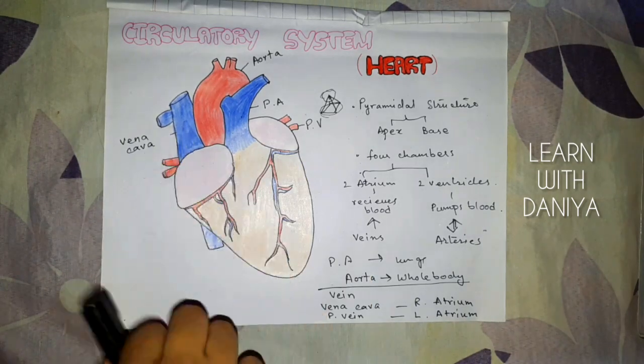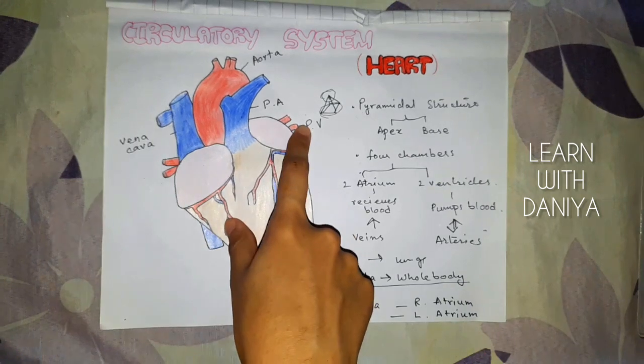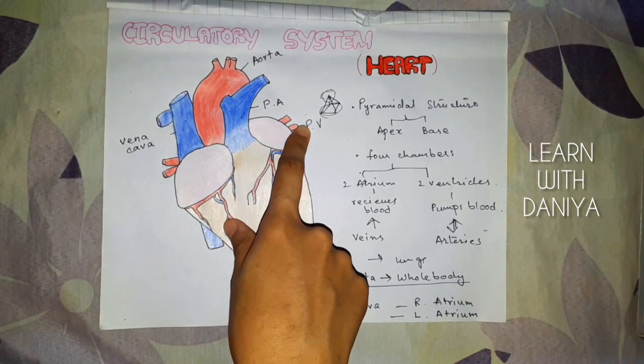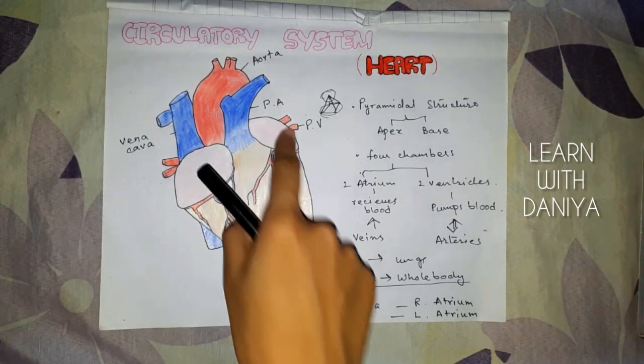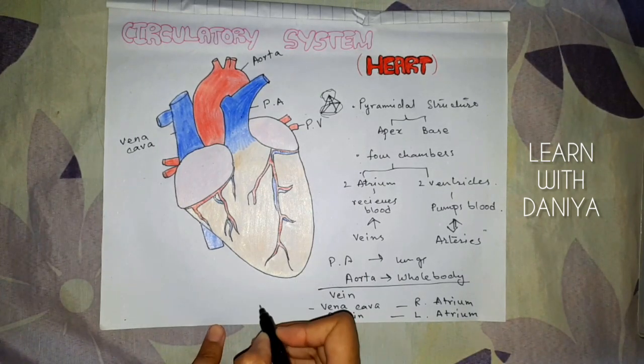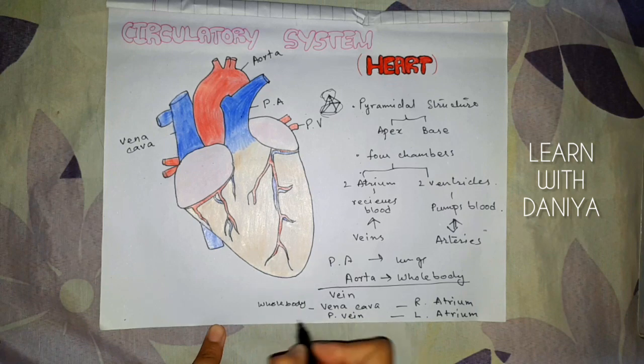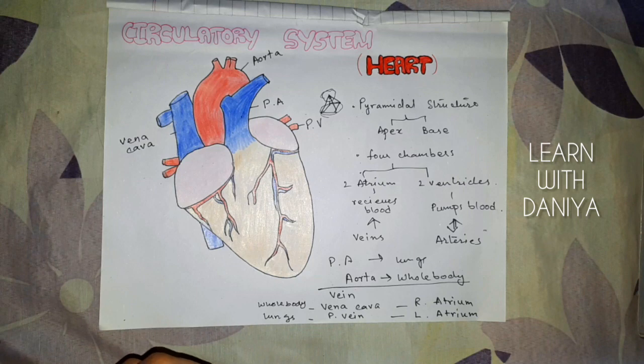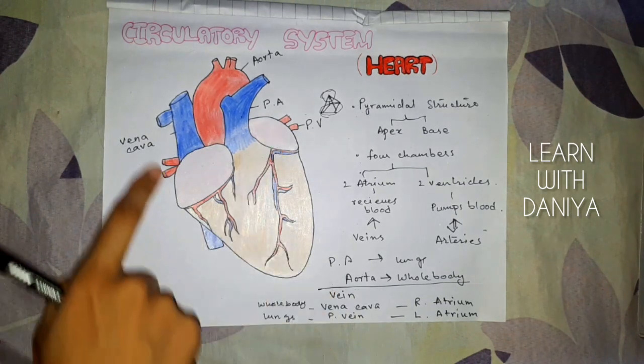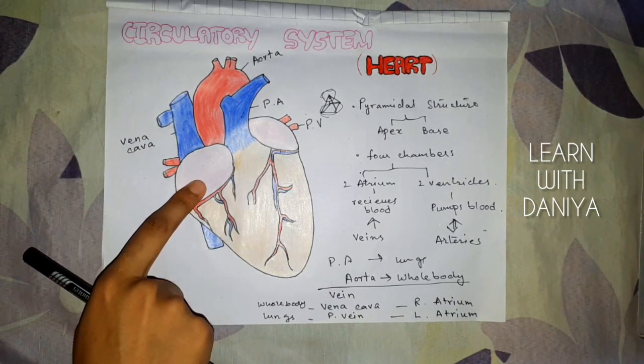The vena cava brings blood from the whole body. The pulmonary vein brings blood from the lungs. Pulmonary veins open into the left atrium and the vena cava opens into the right atrium.